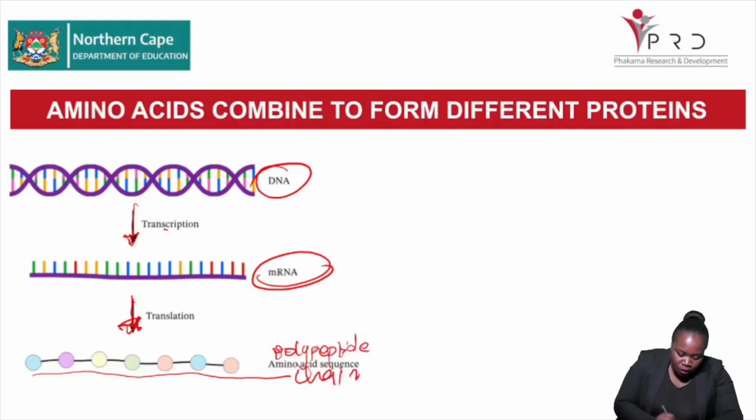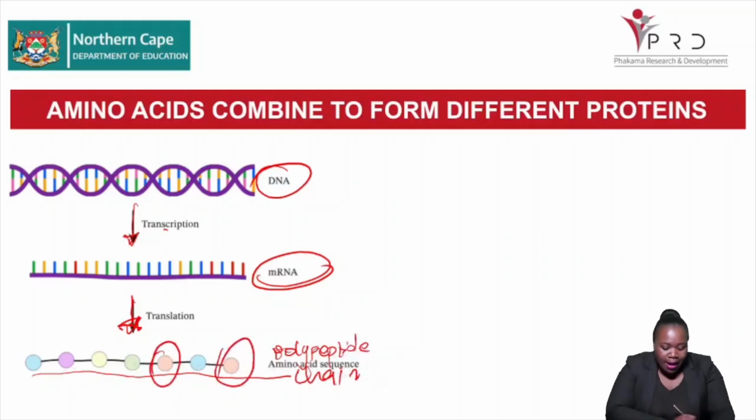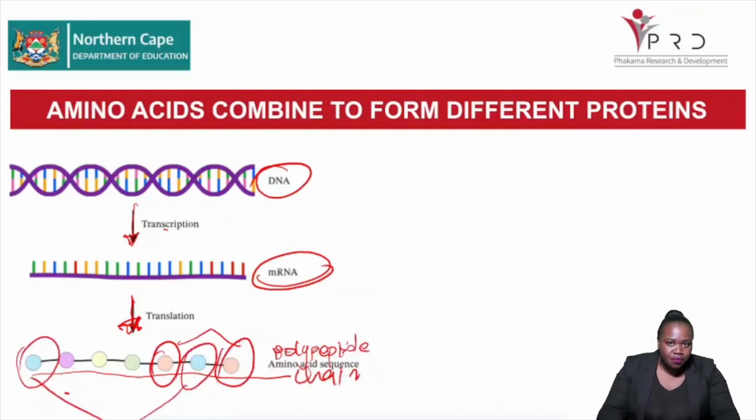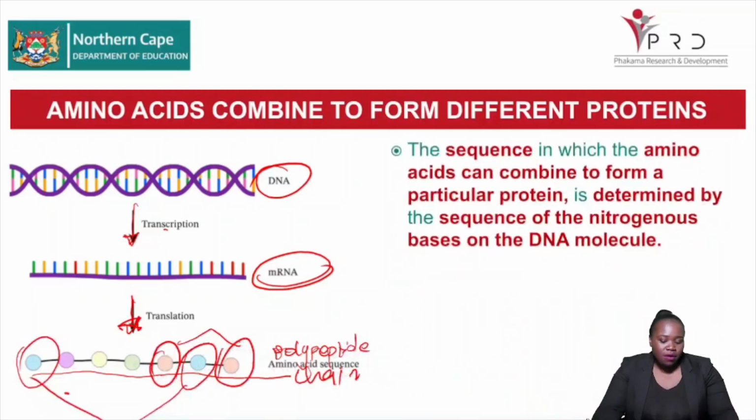right? These amino acids. Now, as I was talking about the letters, the letter E and the letter T, which were repeating, we can see here this color is repeating, meaning that this is the same amino acid. However, it has repeated. This one also, it has repeated. So this is the same amino acid, right? So of those 20 amino acids, we can already see that 2 types of amino acids are repeating themselves, right?